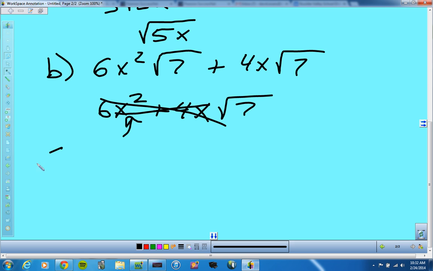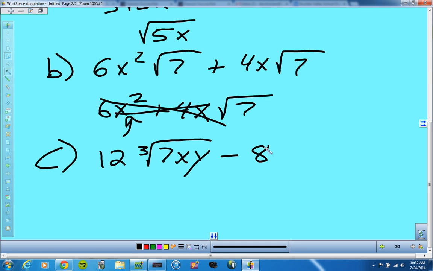All right, so let's do another, and point out all the little tricks they're going to play on you. It's got 12 cube root 7xy, and then minus 8 fifth root 7xy. How do you simplify?